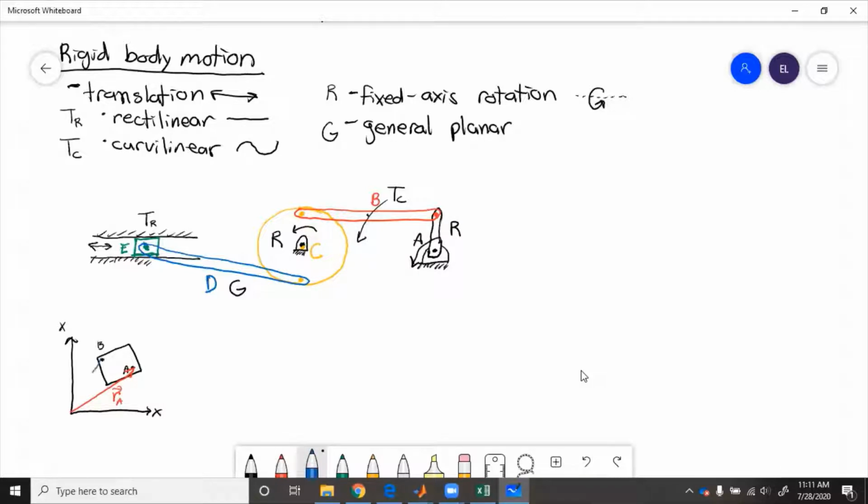Position of B is RB. And position of B with respect to A is RB with respect to A. So from the vector addition, we know RB equals RA plus RB with respect to A.